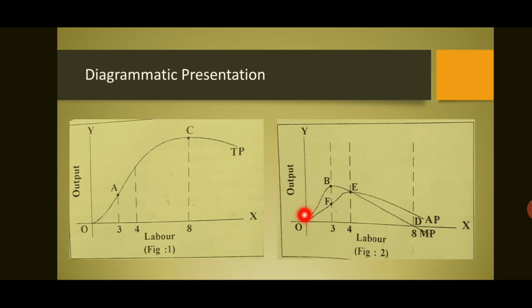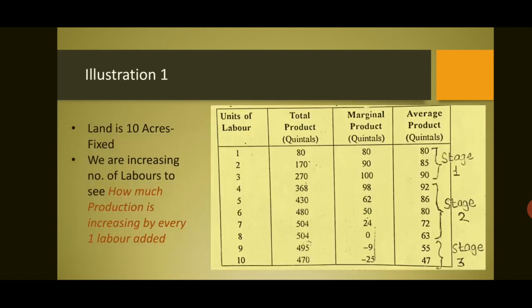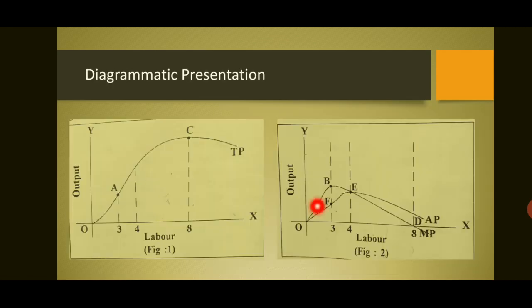It starts with 80, 90, then becomes maximum at 100, then declines, and then finally it becomes negative. So our marginal production line is increasing. At the third unit of labor, it becomes maximum, and then it is declining.